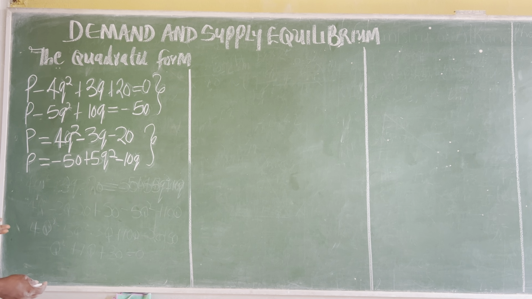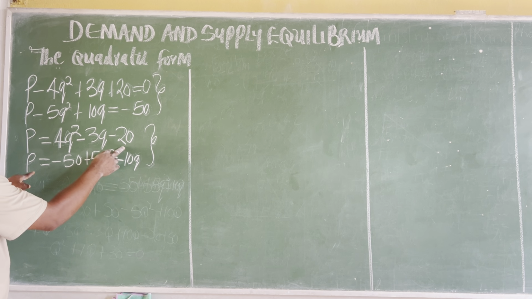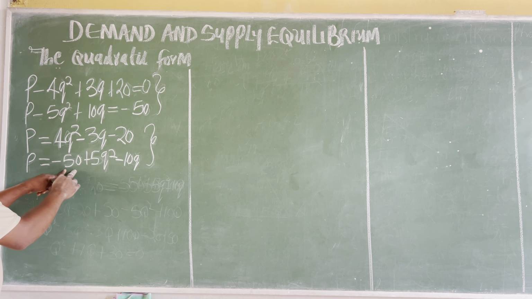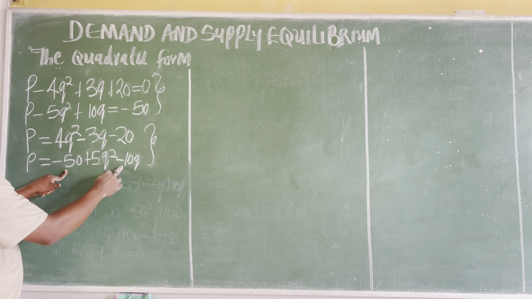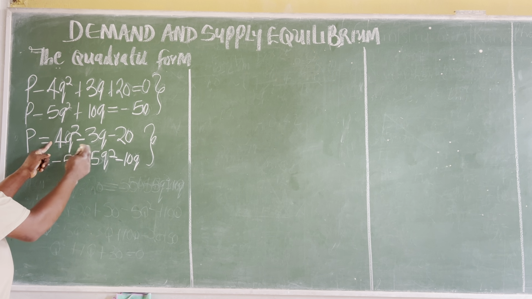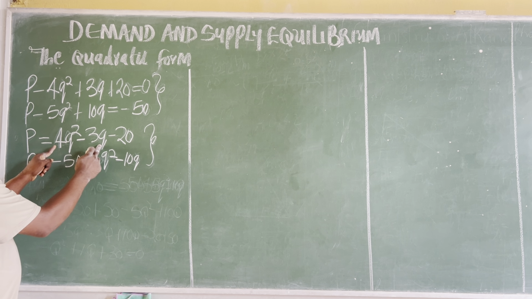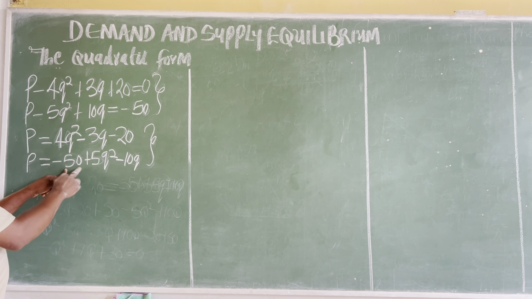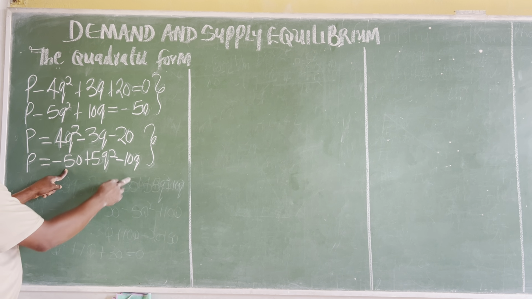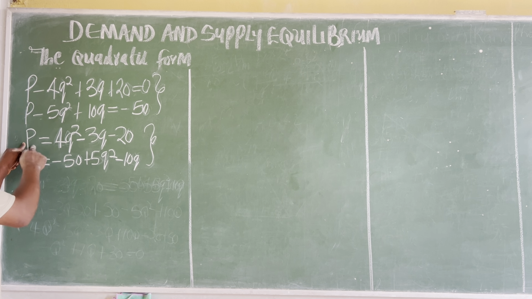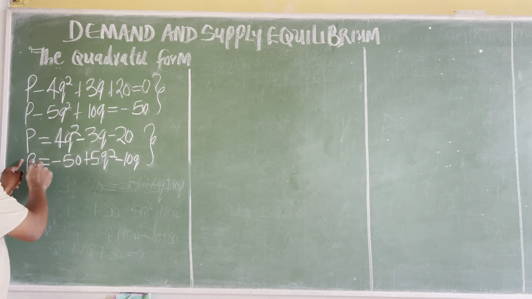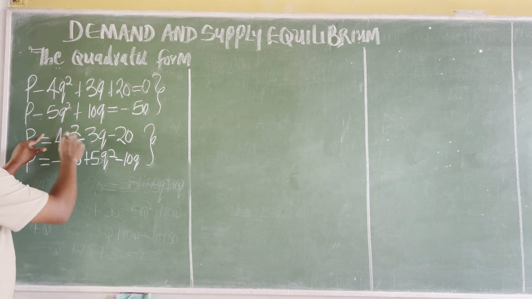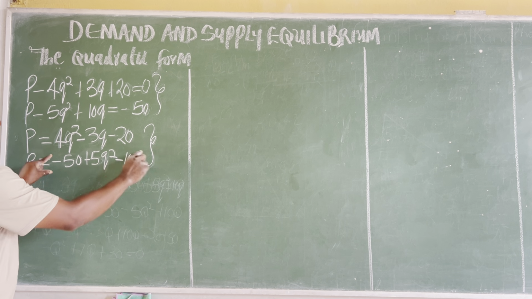So this set of equations and this are the same, just that one has been rearranged. So now if you look at this, if P is equal to 4Q squared minus 3Q minus 20, and P is equal to minus 50 plus 5Q squared minus 10Q, then it means that 4Q squared minus 3Q minus 20 is equal to minus 50 plus 5Q squared minus 10Q. That is to say that if P is equal to all of this, and P is also equal to all of this, then all of this is equal to this.